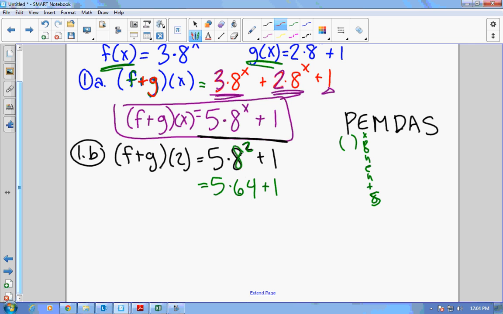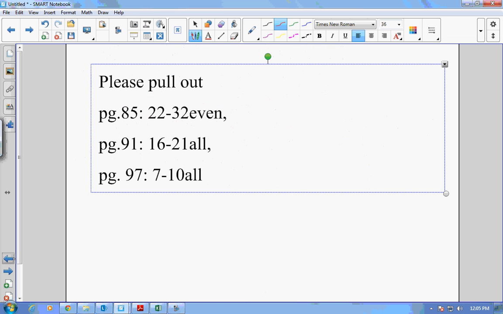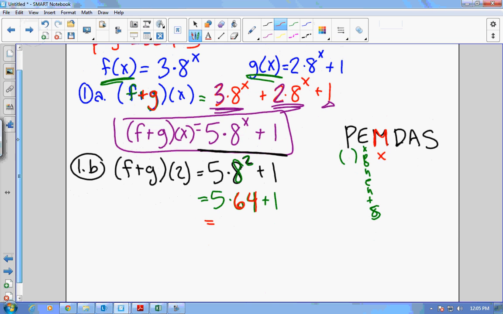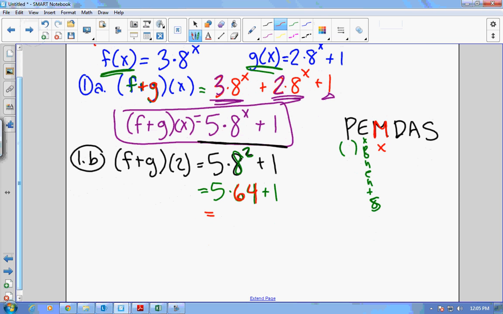After exponents, what does the M stand for? Multiplication, which we have. 5 times 6. Cheyenne, 5 times 64, not 6. 5 times 64. Whoa. What is 5 times 64? 30, 300, and... 320.